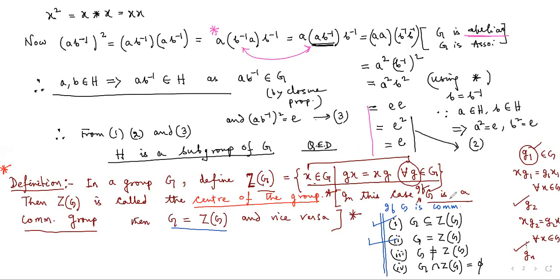So when capital G is commutative, what extra thing is happening? This is happening.